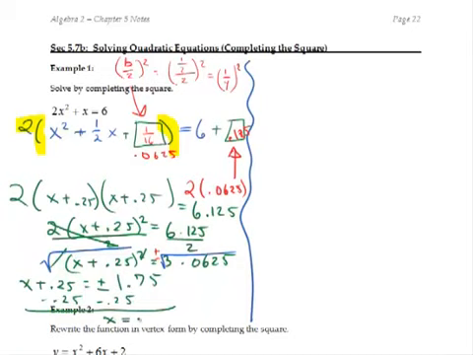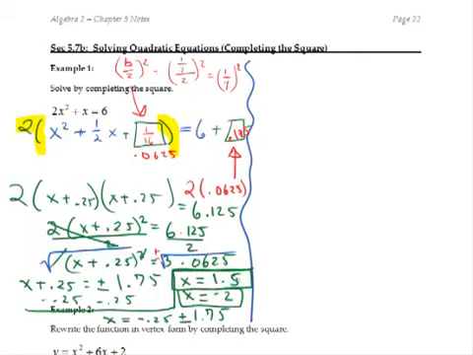We have x equals negative 0.25 plus or minus 1.75. We are running out of room. But remember there are 2 answers for your x. Negative 0.25 plus 1.75 will give us 1.5 for x, and negative 0.25 minus 1.75 will give us negative 2 for x. So these are our 2 answers.